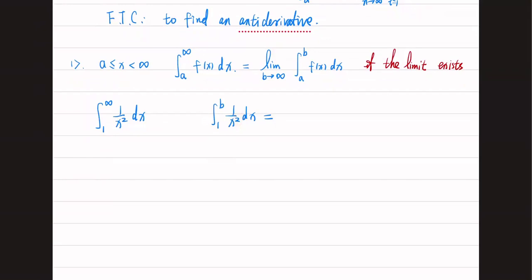It's negative 1 over x, from 1 to b. It will be negative 1 over b minus negative 1 over 1. If we simplify, it's 1 minus 1 over b. Okay, now let's check what's the limit as b goes to infinity of this integral.